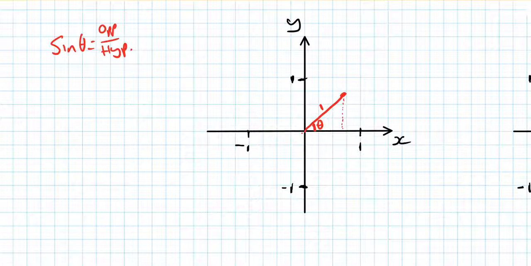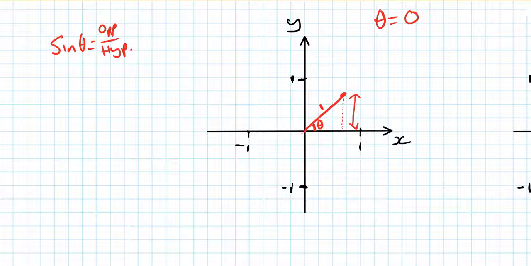So first of all, let's imagine that we move that line right flat against the x-axis. If that was the case, theta is therefore equal to 0. And if we think about the opposite over the hypotenuse, the opposite in this picture is really the height of that triangle. That height actually corresponds to the y coordinate or the y-axis.